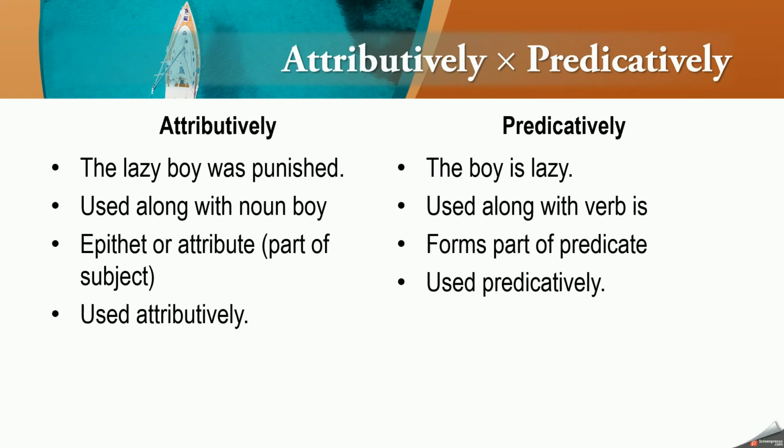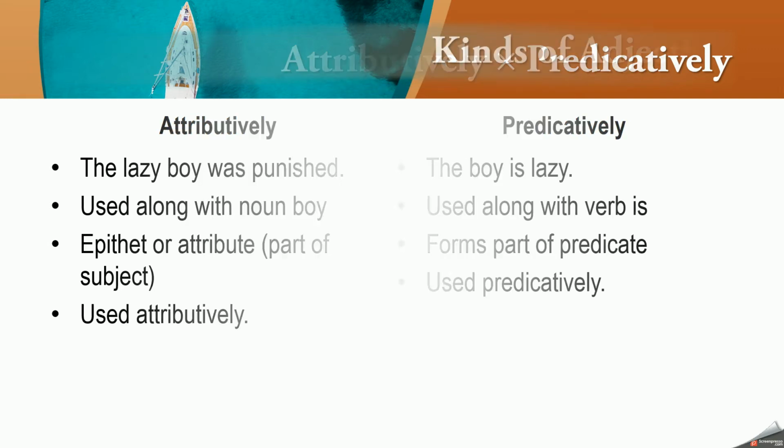So adjectives can be used along with the noun as well as along with the verb. If used with the noun, it becomes an attribute and a part of the subject of the sentence, whereas if it is used predicatively, it forms a part of the predicate and is used along with the verb.